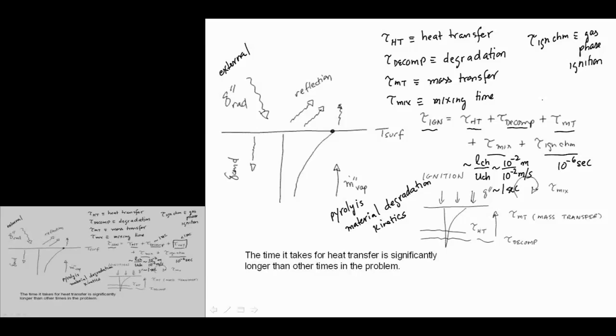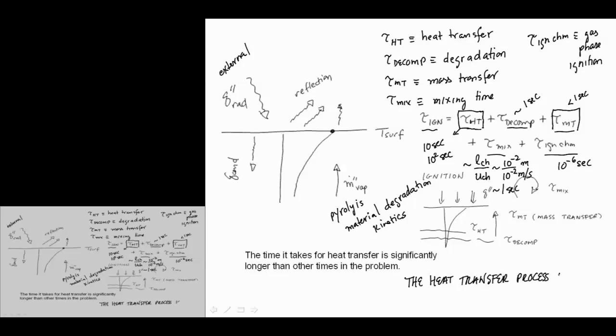So now the question becomes, well, what is the time scale for this heating? Really what we're going to do is spend our time thinking about what the time scale is for heating. But you'll see pretty quickly that the time scale for heating could be on the order of tens of seconds to hundreds of seconds. So we're going to look at a range of heating time scales, and we'll see that really this is the thing that's rate limiting. So the heat transfer process is rate limiting.